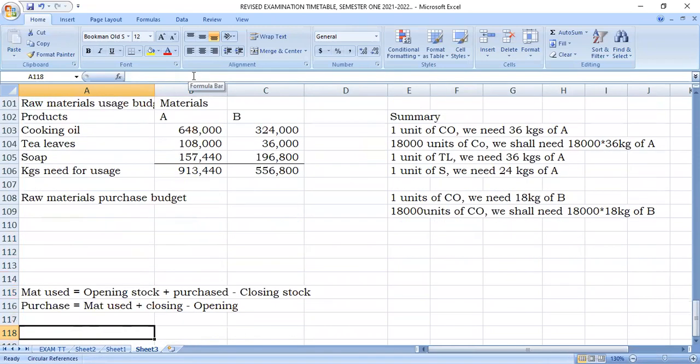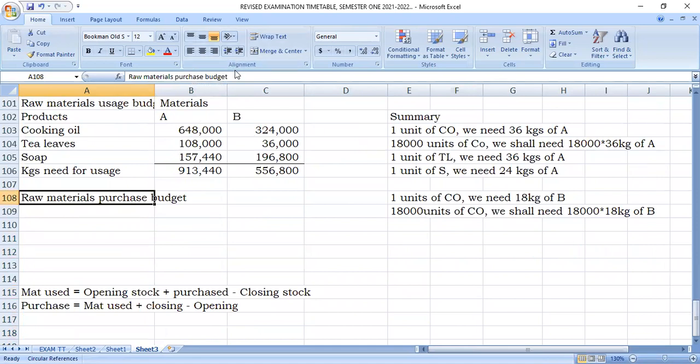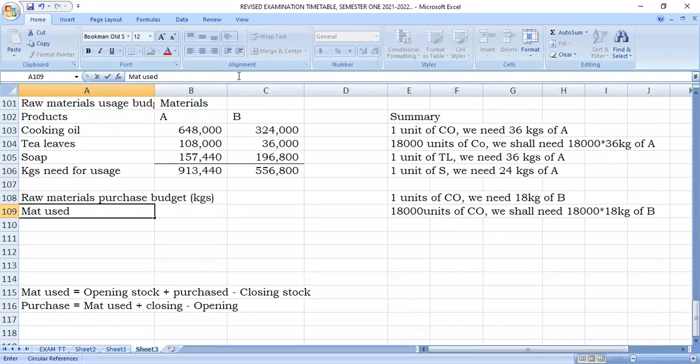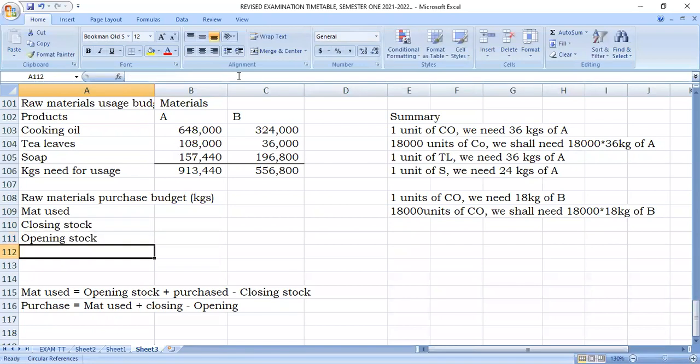So I'll come here and say, if I need raw material purchase budget, and these are in kgs, mind you, I'm going to get the material that we're going to use, material used. Then on it, I'm going to add closing stock of raw materials. Then I deduct opening stock of raw materials.